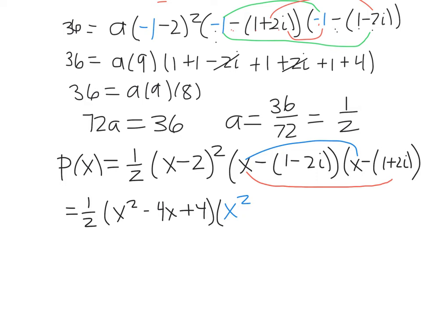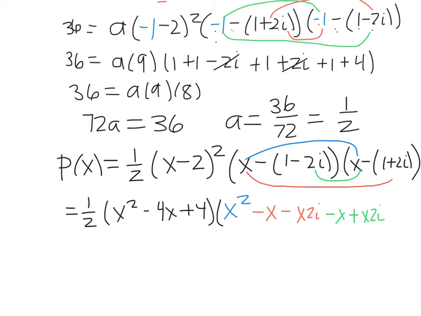So if we multiply that all out, we're going to end up with a negative x and a negative x times 2i. Okay, next term, the inners. So if we multiply those together, we get a negative x, and it's going to end up being a plus x times 2i.